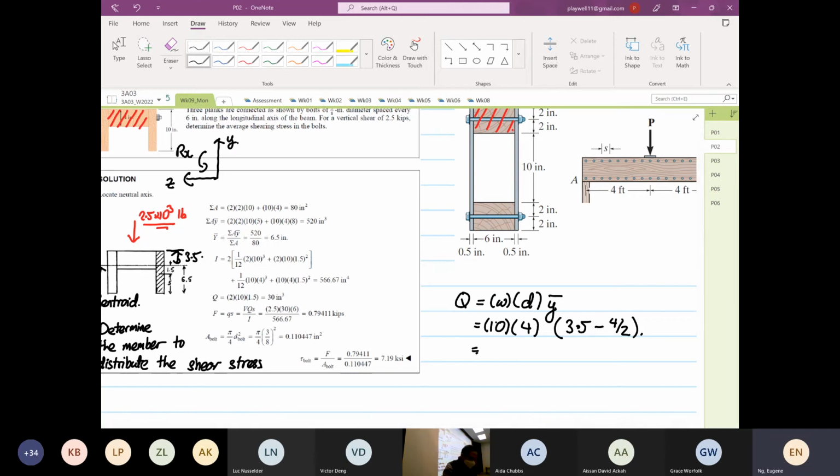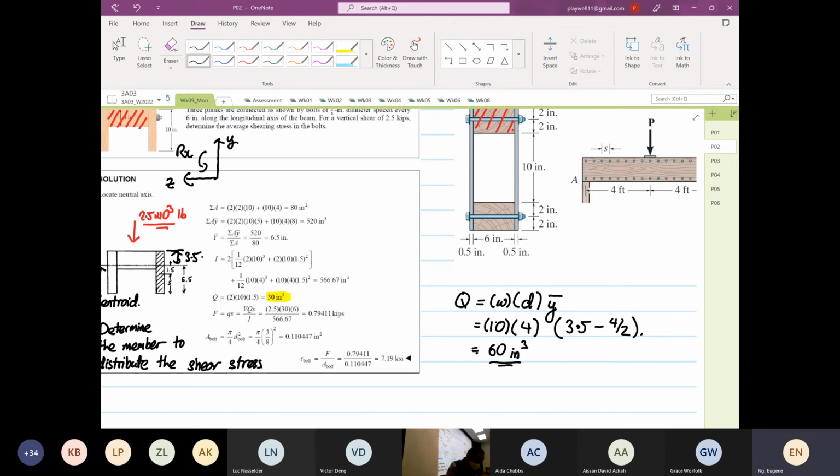So it's equal to 60 inches cubed. And then when we get 60, we realize that our answer is not the same as the book. The book says 30, but we get 60. Don't panic. Move on.